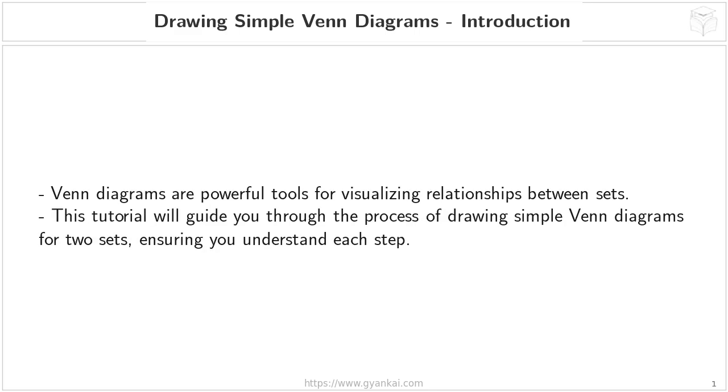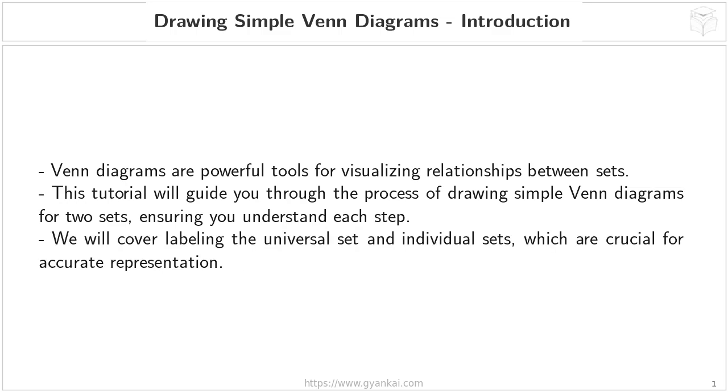Now, in this tutorial, we're going to focus on drawing the basic Venn diagrams, the ones that compare just two sets at a time. I'll walk you through each step carefully, making sure you really grasp the process. We won't just be drawing shapes, we'll be learning how to represent information clearly. And a really important part of drawing these diagrams correctly is labeling.